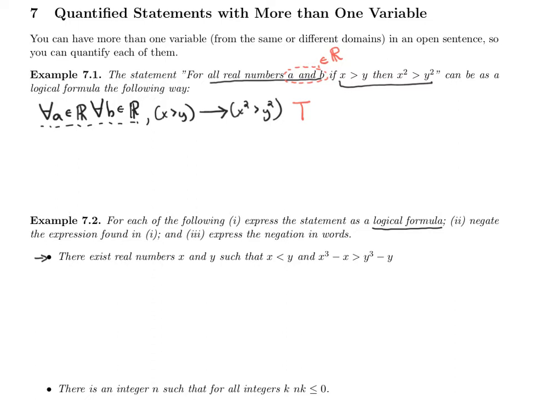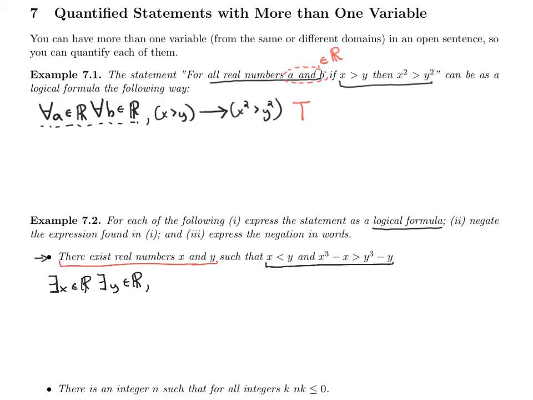Okay, so instead of a universally quantified statement, we have an existentially quantified statement. And there are two of them. We have an x and a y. So we need to say that there exist real numbers x and real numbers y. So we usually write there exists an x that is a real number, and there exists a y that's a real number, such that, and then we have our open sentence here.